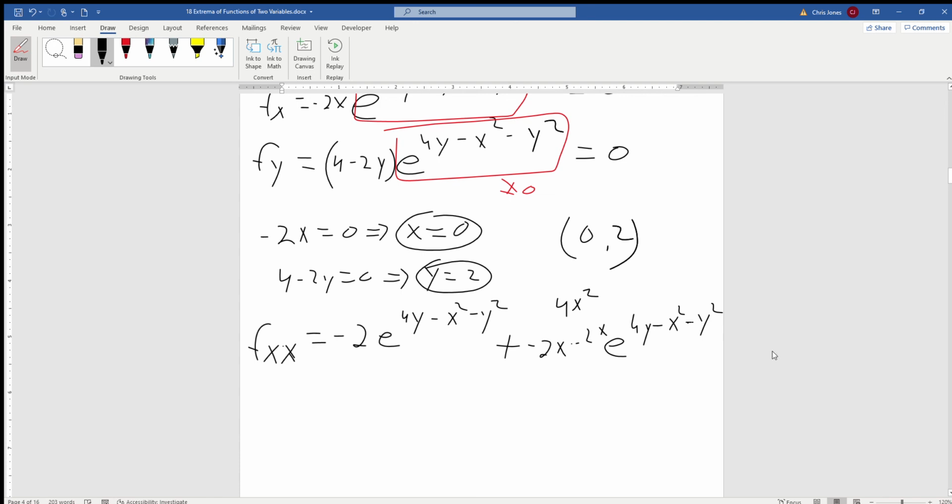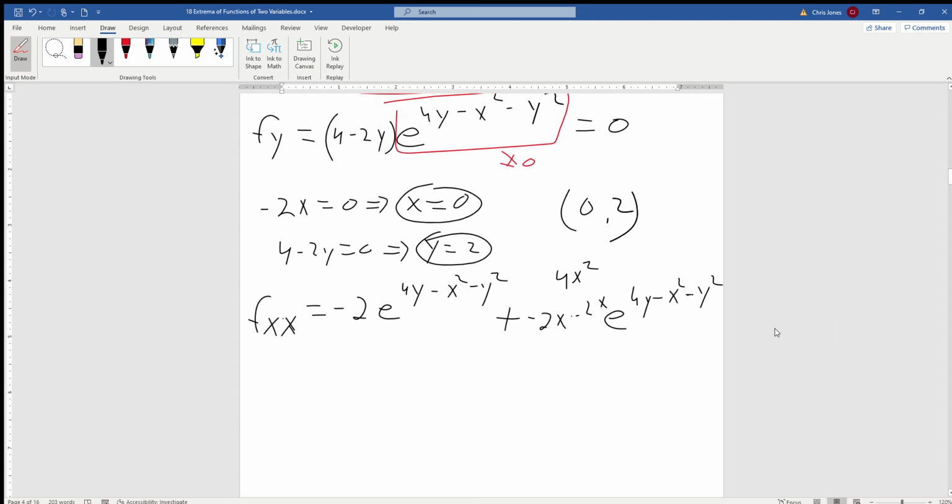Then we could just factor out a 2 and then e for all of that. So if I factor out the 2e to the 4y minus x squared minus y squared, that's going to leave us with negative 1 plus 2x squared. So that's just for fxx.